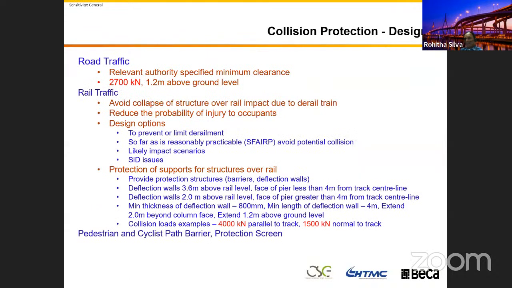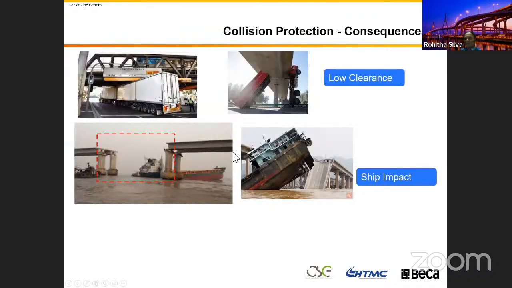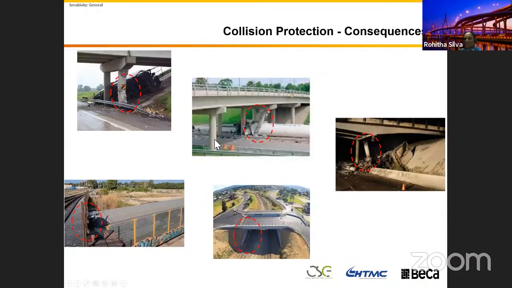Then in the Australian standard, if you are building something close to road traffic, you need to design for 2,700 kilonewton. It needs to be applied 1.2 meters above the ground. So you need to apply that force 1.2 meters above the ground at this level.